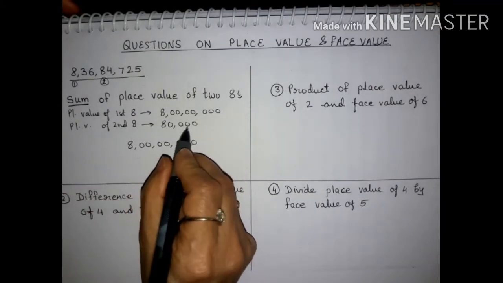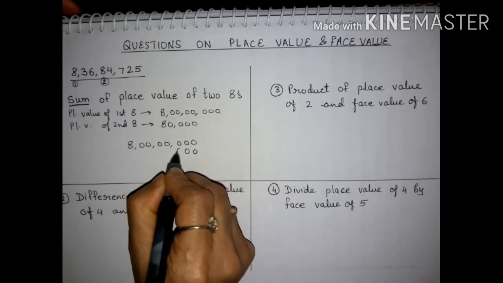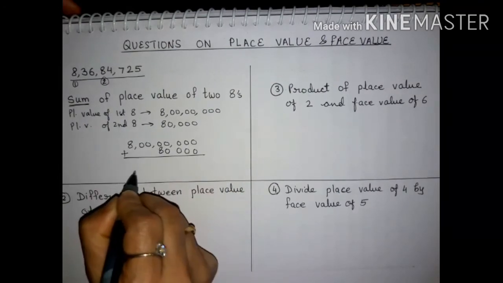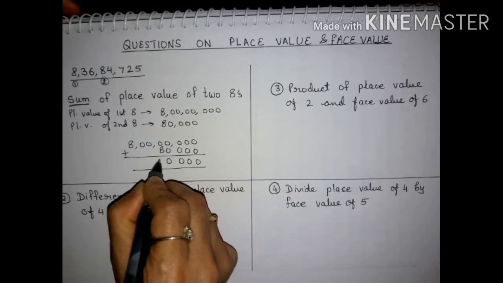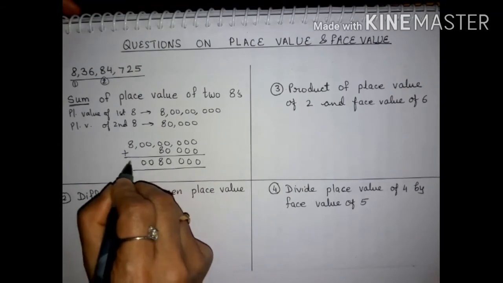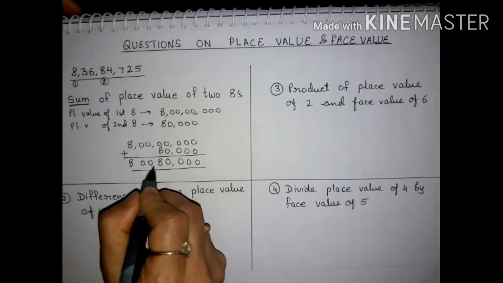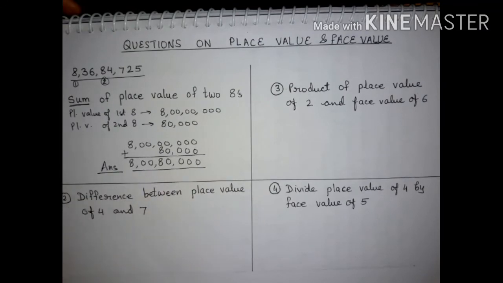You always arrange from the right. I hope you all are clear about that. 0 and 8. Then you add. So what you get? 0, 0, 0, 0, 8, 0, 0, 8, and accordingly as you had earlier, you put the commas. So this is your answer.